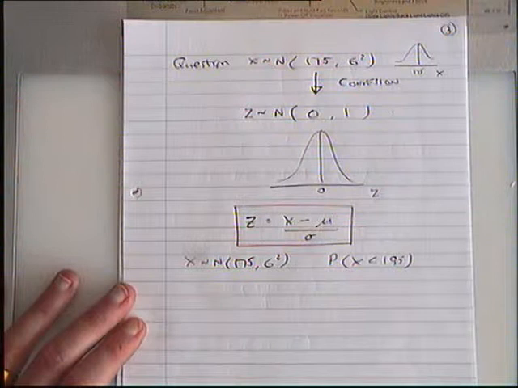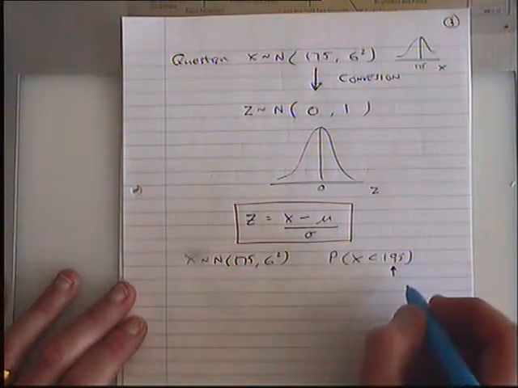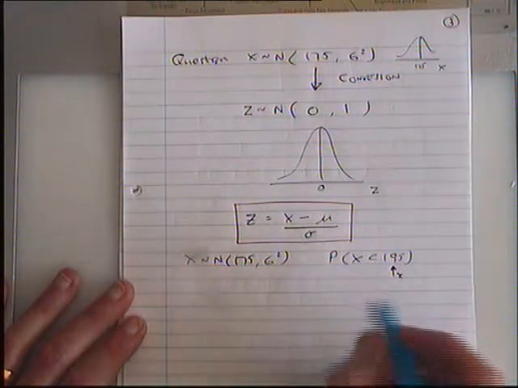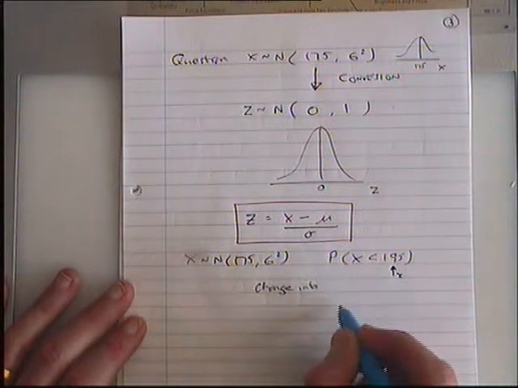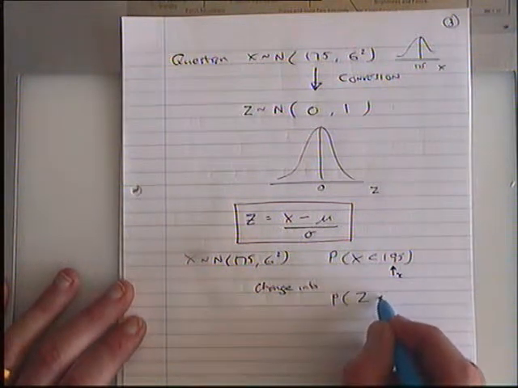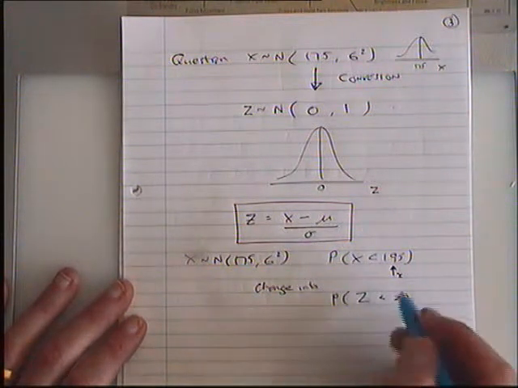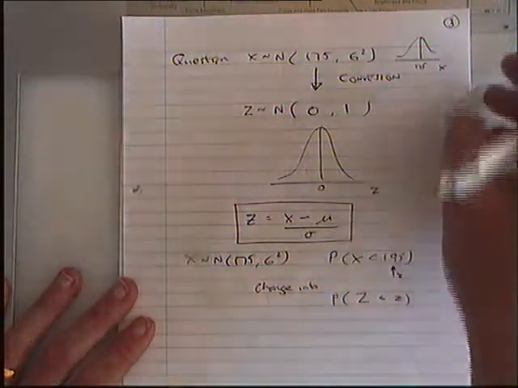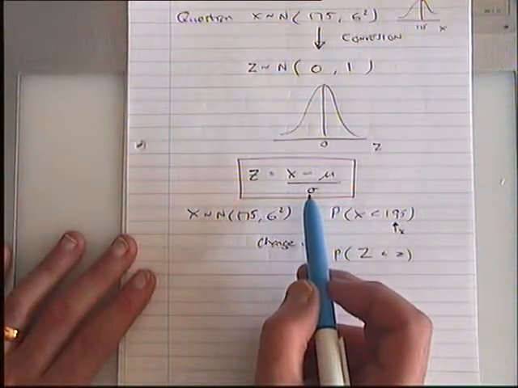What we do is we change that value there, which is a specific value of x, so that's a little x value. We need to change that question into a probability that Z is less than some specific z value. So that's an uppercase Z, that's a lowercase z. So we need to work out what this z value is using this transformation that we've got here.